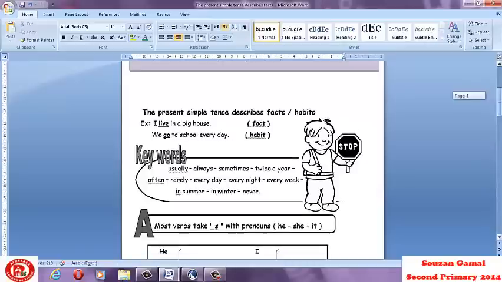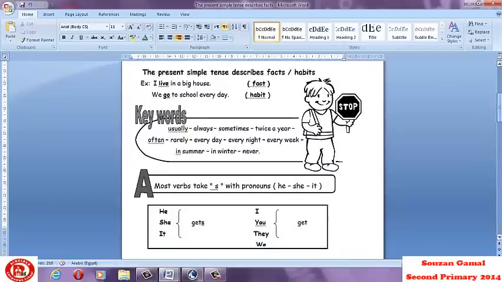Okay? So, if I said, I live in a big house, I can't say I lives. I can't add s with I, because with I, you, we, and they don't add anything.